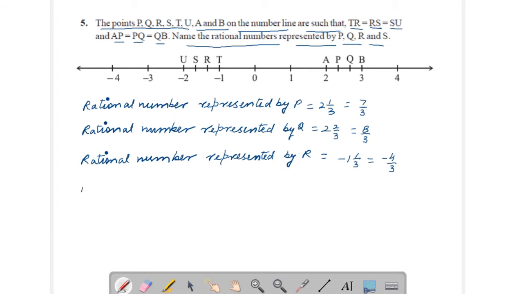Now the rational number represented by S: it is minus 1, whereas we are taking two parts, that is 2 upon 3.